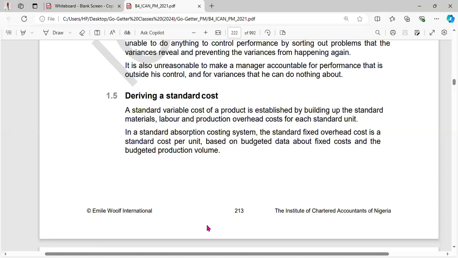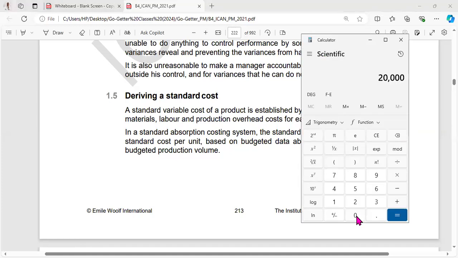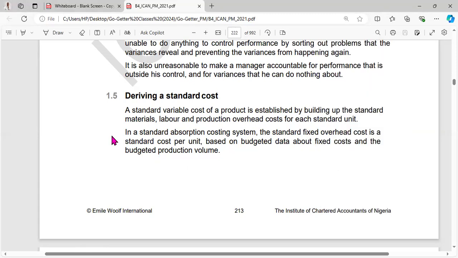All I simply need to do is say 20,000 naira, which is the maximum cost I spend for 100 participants, divided by 100. It means for every participant, I am spending 200 naira per participant in fixed cost. So it doesn't matter whether I have one student, five students, nine students, that fixed cost per unit is what I'm going to be using.